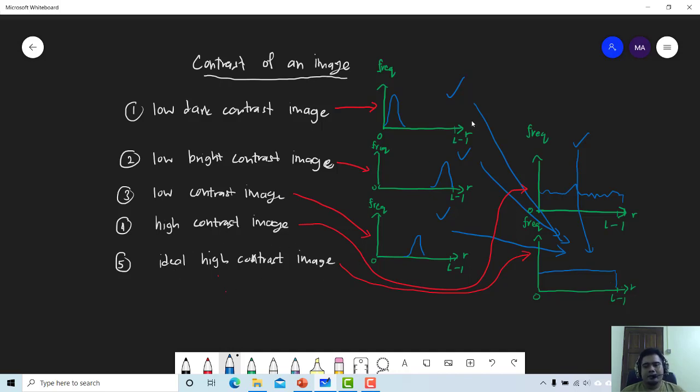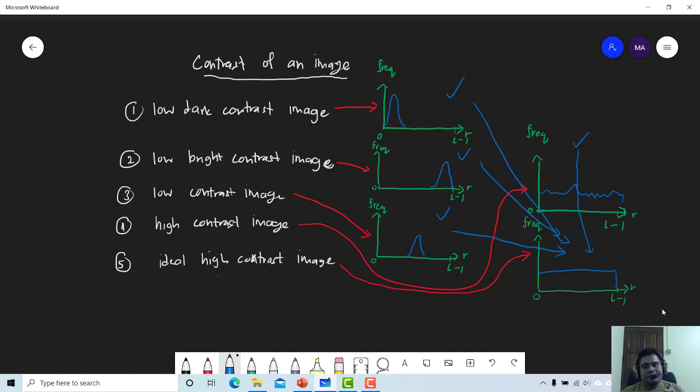Doesn't matter which condition, by having a transformation function, which is the cumulative distribution function, you will map the input into an output image, where the output image's histogram, if you generate it, looks like this one.